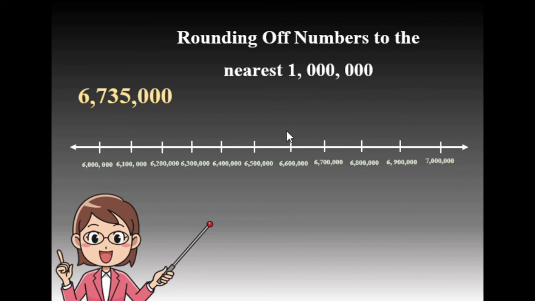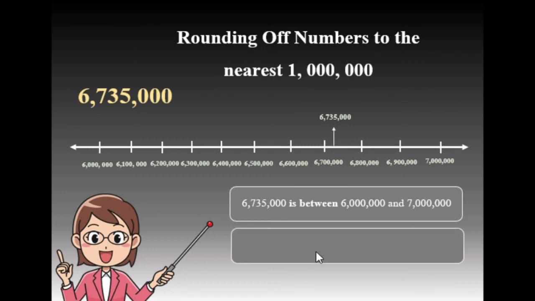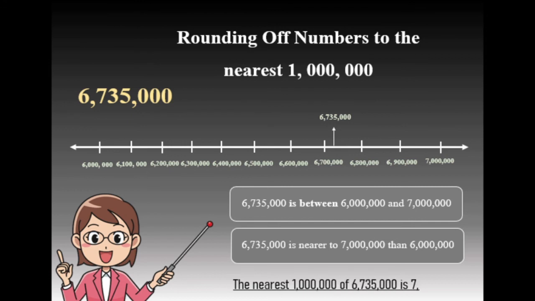It's somewhere here. So it's nearer what? 7 million. Very good. It's near 7 million. Therefore, the nearest 1 million of 6,735,000 is 7 million.